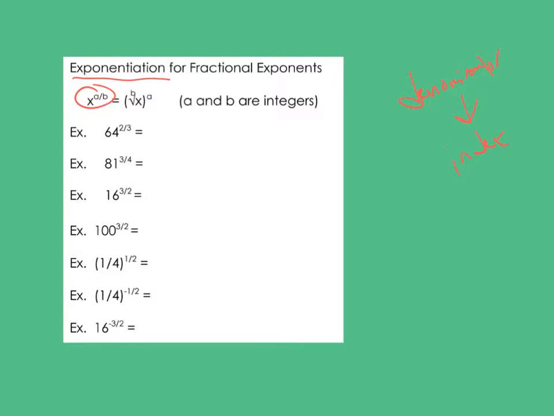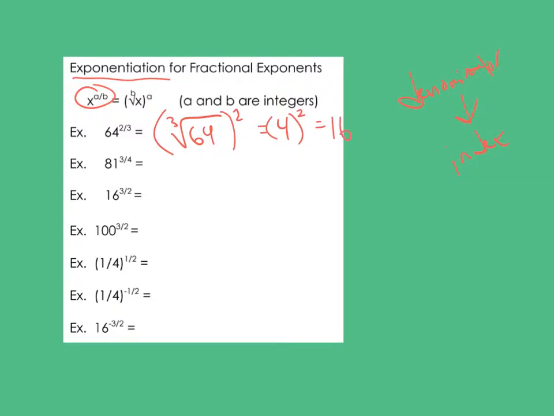So 64 to the 2/3, that 3 is your index. The 4 here is your index. The square root here is your index. So that's going to be the 3rd root of 64, and all of that is going to be squared. Now, I know that the 3rd root of 64 is 4, so that's going to be 4 squared is 16.